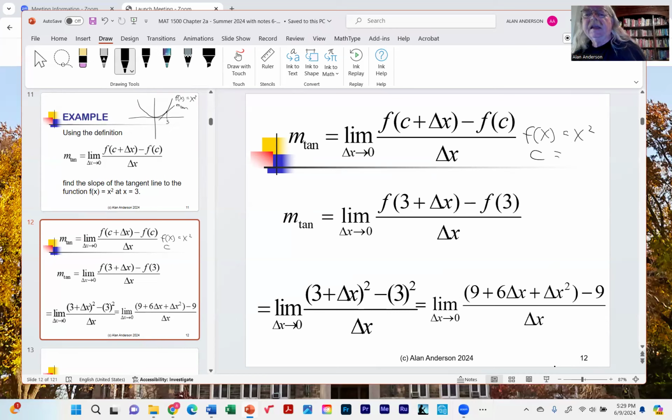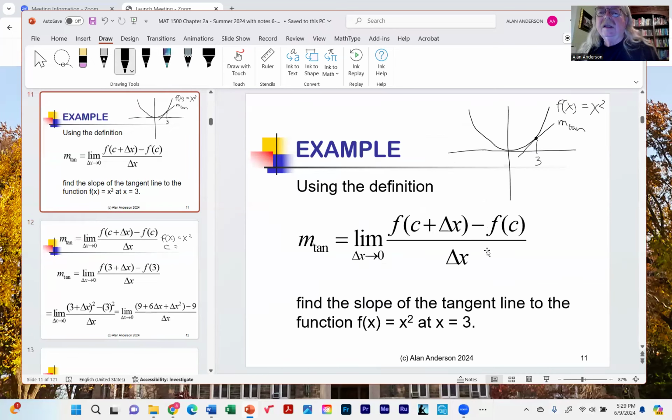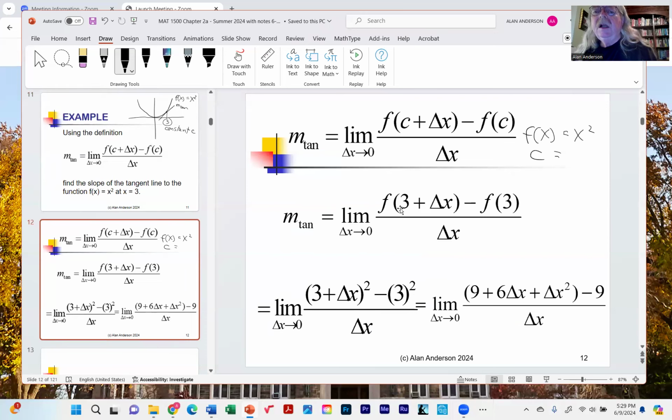And the constant in this case is 3. Why is it 3? Because we're trying to find the slope of the tangent at x equals 3. So this is our constant. The first thing we're going to do is replace all the c's with 3's. So the only thing we've done in this first line is replace all the c's with 3's.